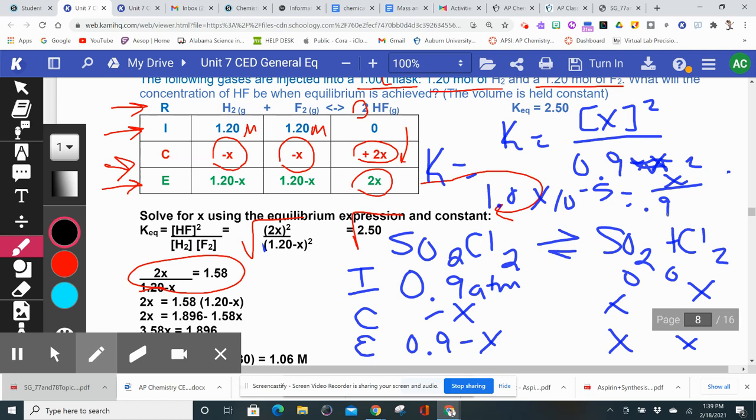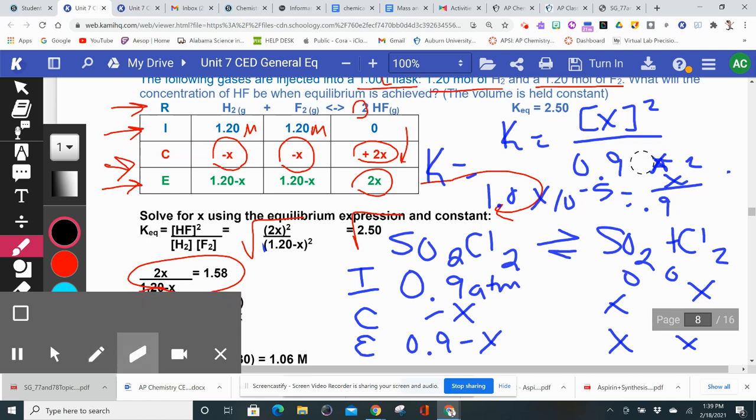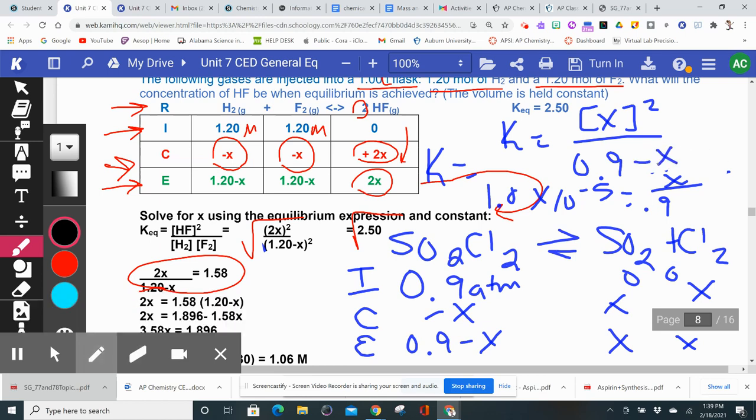And then I can very easily solve for x, take the square root of both sides, and get x. Okay, so just remember, if you come out with some weird thing where you're going to wind up having to use the quadratic formula, then go back and look at your equilibrium constant. And if it's a really small number, you can just drop that change off. It's not going to matter. And then you'll make your math much easier.